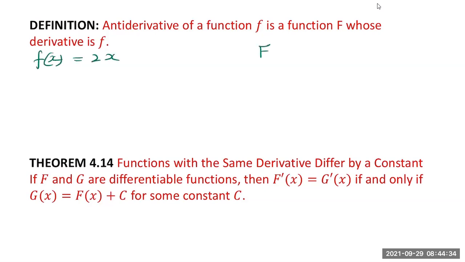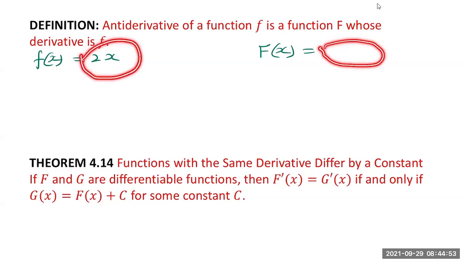Can you find an antiderivative of f of x? According to this definition, an antiderivative of f of x is any function uppercase F whose derivative is lowercase f. Can you find a function uppercase F of x whose derivative is f of x?